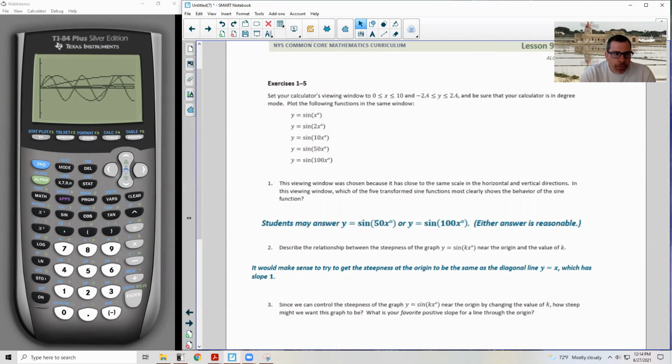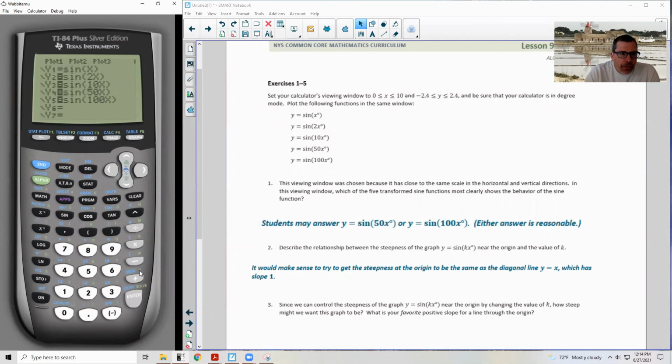Okay, so that is what would be our goal. So which one of these would look like a slope of 1? So now if I go to y equals, I know that the first 3 were not good answers. So let me get those off so it's not as cluttered. And then when I go back and graph just those 2, here's sine of 50x and there's sine of 100x.